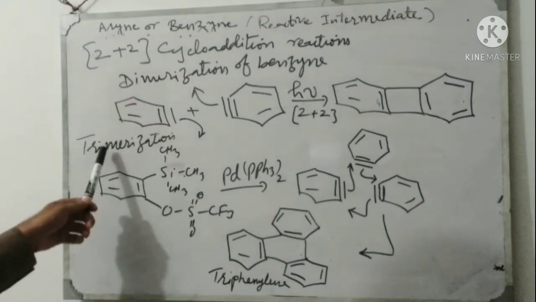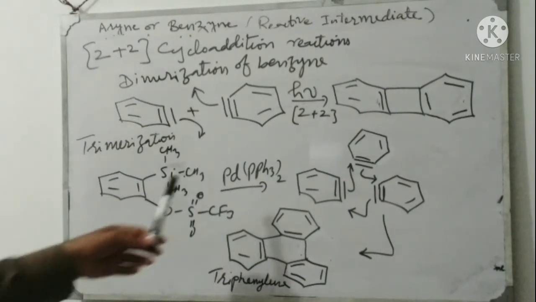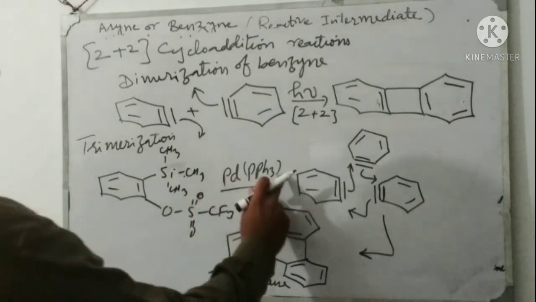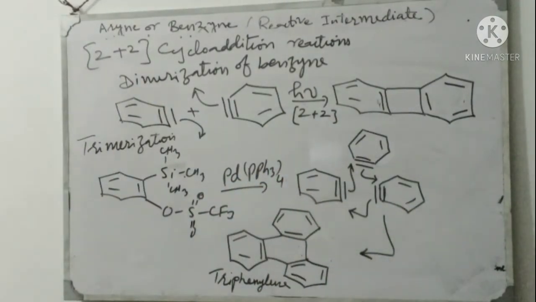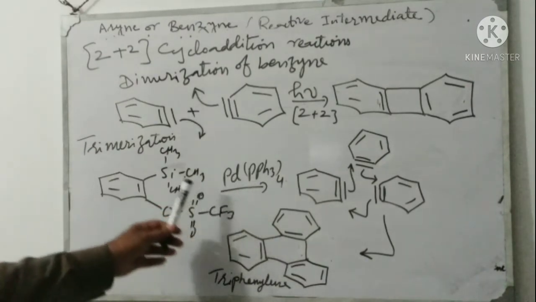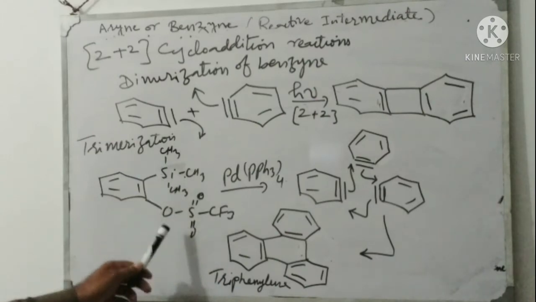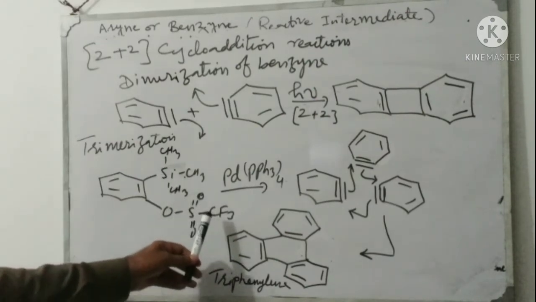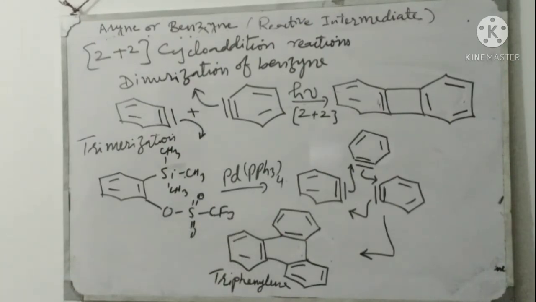Next is the trimerization of the benzyne intermediate in the presence of a transition metal like palladium tetrakis. In the presence of the transition metal, this trimethylsilyl, and this is a good leaving group, the trifluoromethyl sulfonyl triflate.